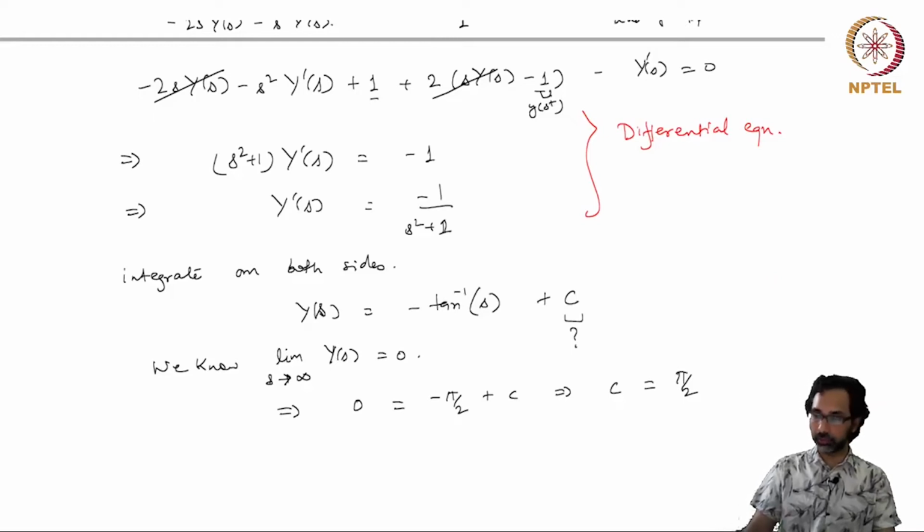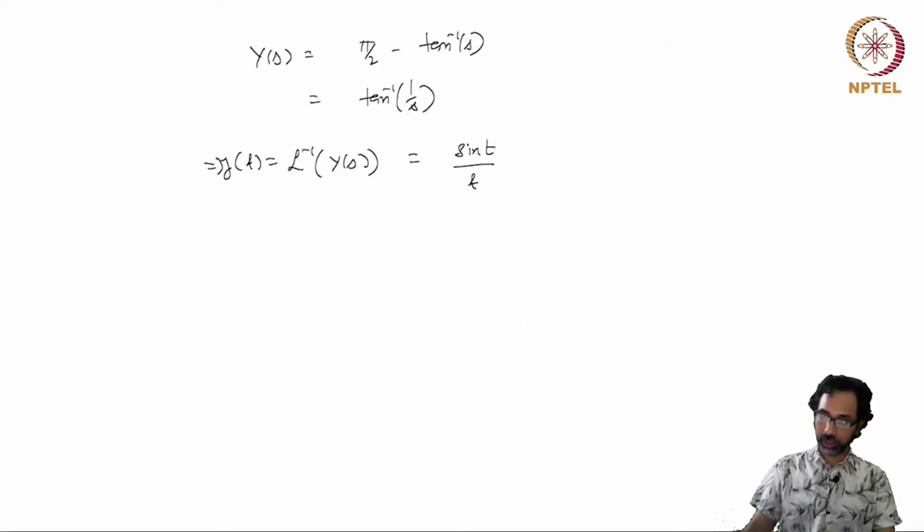So this kind of method may not work for all cases. When you transform an ordinary differential equation which has polynomial coefficients to the Laplace domain with s variable, you will get another differential equation which may or may not be easier to solve than the original one. So it is not always applicable.